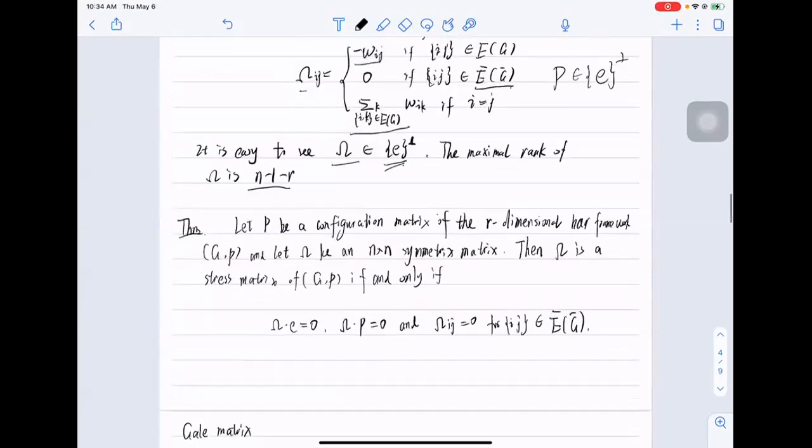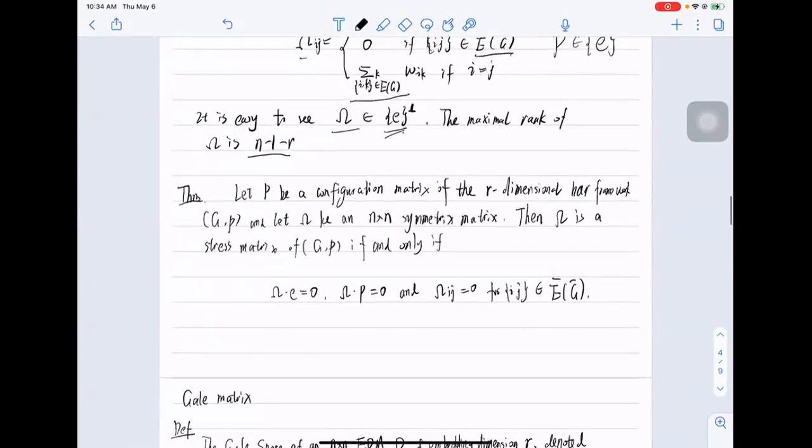So here we have this theorem, which is very simple.